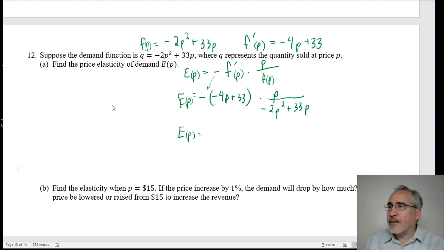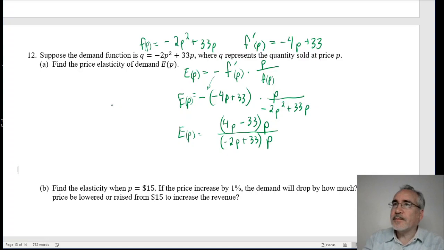This will become positive 4P, and this will become a negative 33. I have to distribute that through. And then I'm going to leave this P on the backside. And then when I rewrite the bottom, I'm going to distribute out a P. So this is going to become minus 2P plus 33 with this P out here.